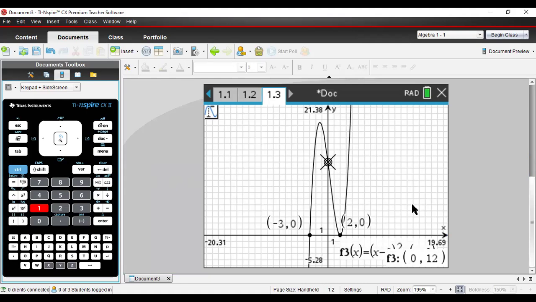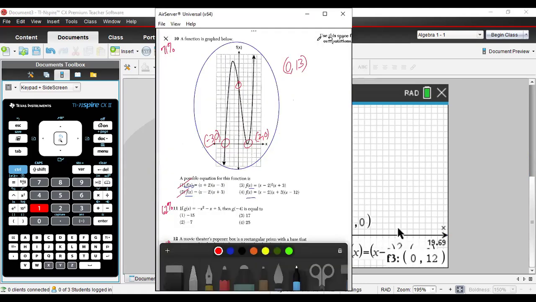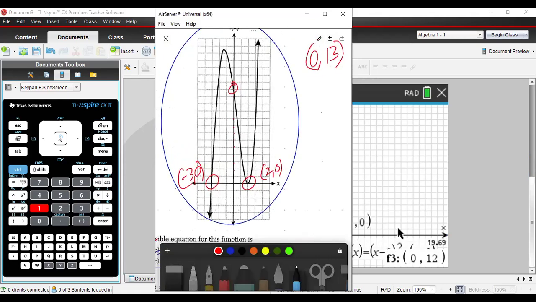I've counted 13, so let me go back and double check, because I might have messed up my counting. So this is 1, 2, 3, 4, 5, 6, 7, 8, 9, 10, 11, 12. So I went up too high. So this is actually the y-intercept. So this one is the answer. I just messed up on my counting for the y-intercept, but it matches.